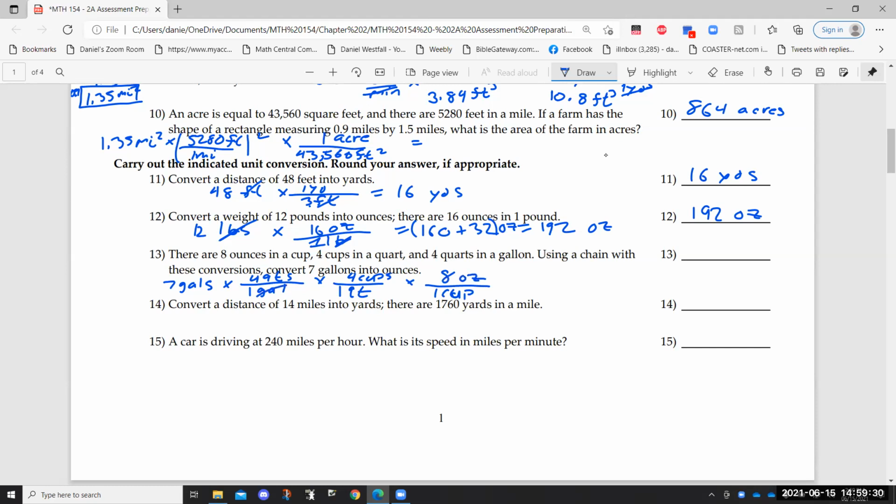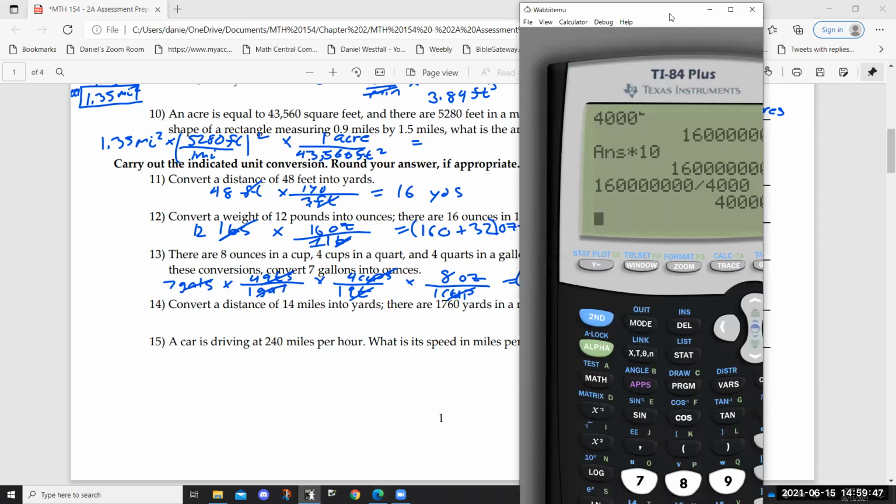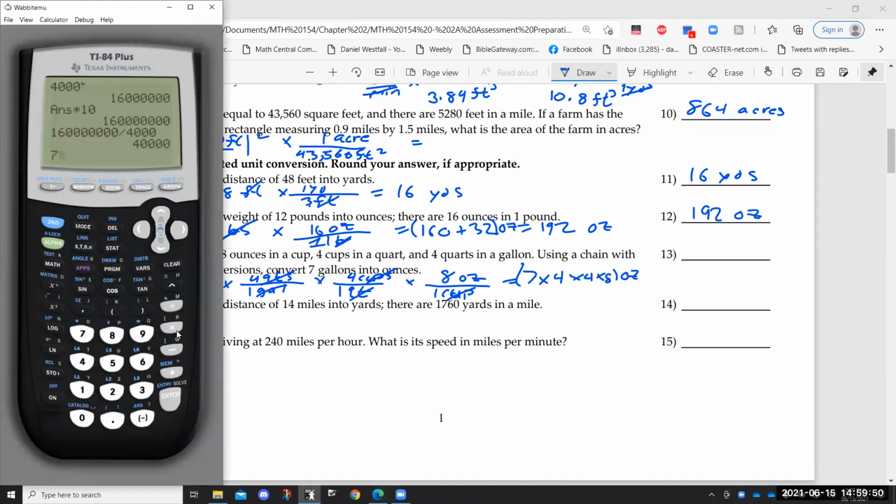So gallons go away, quarts go away, cups go away. So this is 7 times 4 times 4 times 8 ounces, which is 896 ounces.